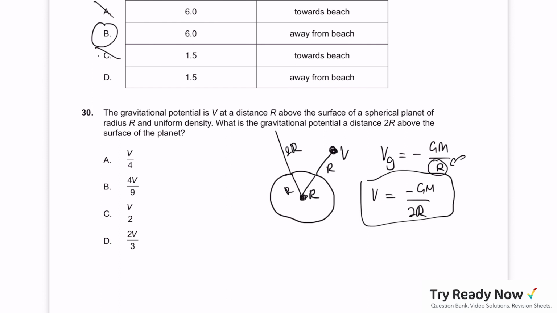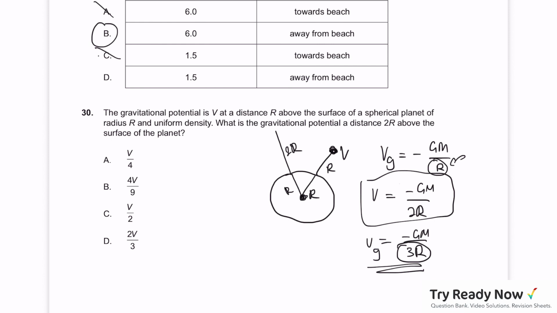And now what happens if we make the distance 2r above the surface of the planet? What we get is Vg is equal to minus GM over 3R. So as you can see, we have increased it to 3R. Now what this means is that we are actually dividing this more by 3, whereas in this, V is equal to this.